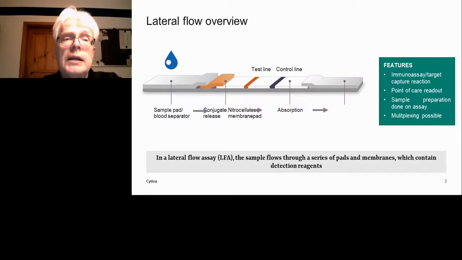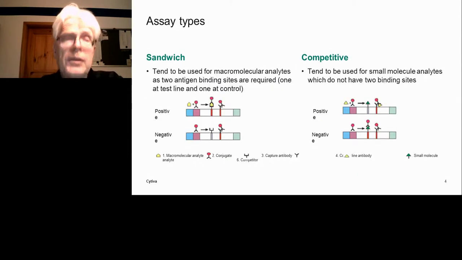In general, a lateral flow test consists of a couple of different materials that serve different purposes. And the sample flows laterally through these pads and membranes and generates your test results. Basically, we discriminate between two assay types. One type is called a sandwich test.